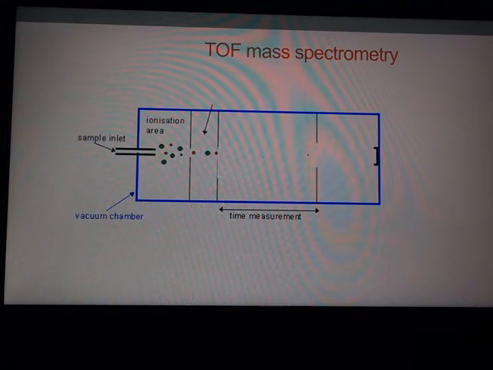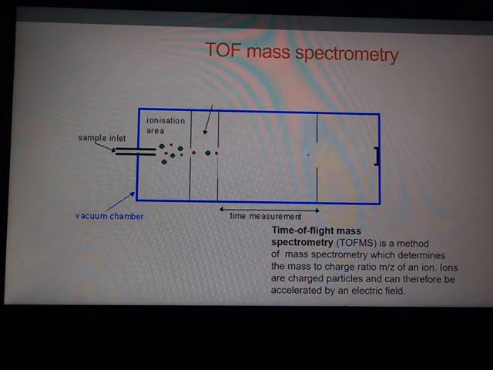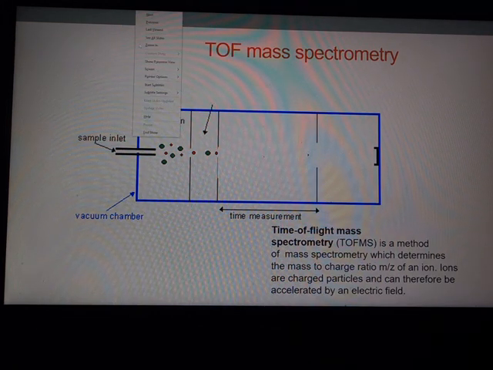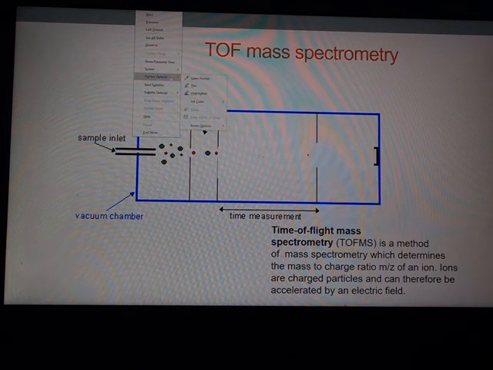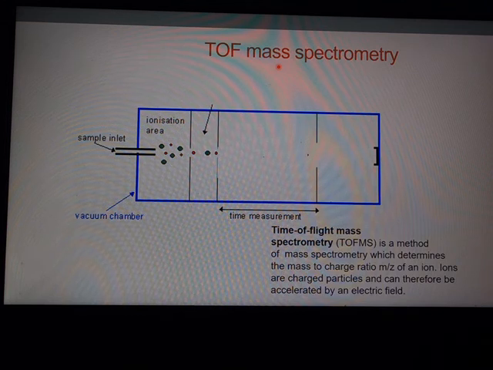So a mass spectrometer can simply be represented like this. As the name suggests, it has mass, but what's actually measured by the mass spectrometer is the mass to charge ratio, right?